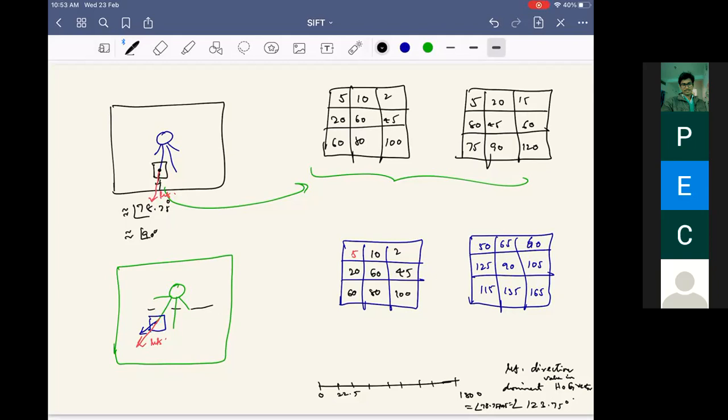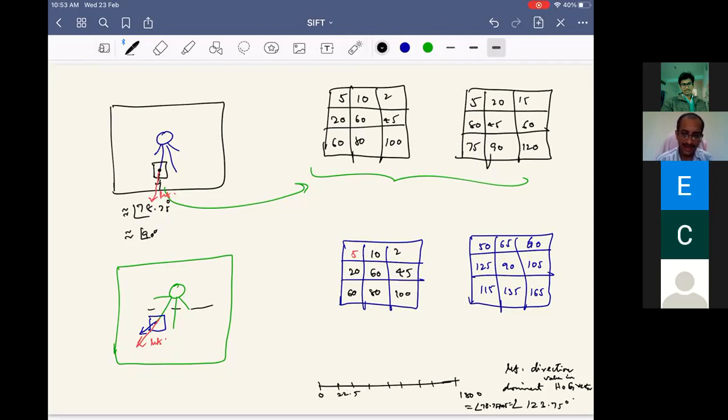So we are representing the key point information invariant to rotation, because the key point information is still retained, but it is obtained with respect to whatever reference angle, the dominant angle, we are subtracting from all angles in the HOG representation.